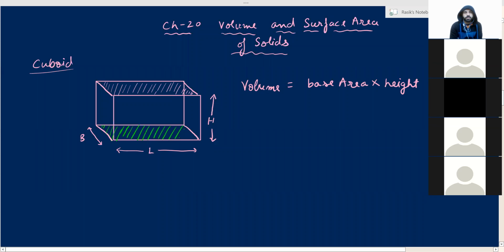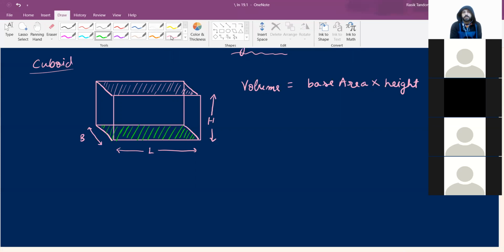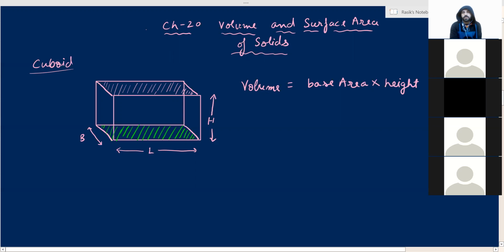So what is the shape of the base? What is the shape? Yes, all of you. A rectangle. It is a rectangle. Very good.